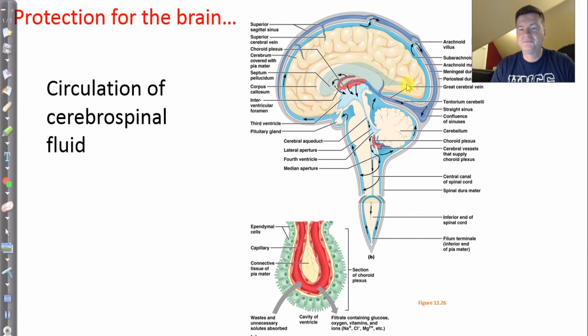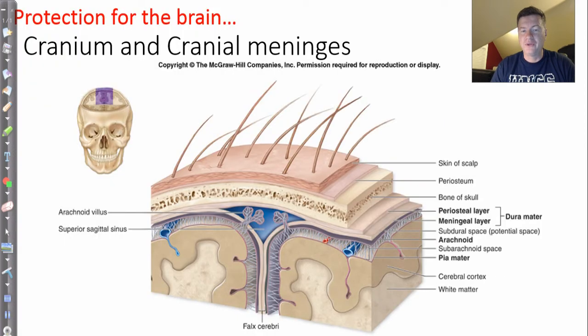So you see here the production of it, and if you kind of follow the arrows, you see the arrows showing it going down through the central canal. You see it going around the spinal cord, and eventually it's going to end up actually exiting the subarachnoid space. And we'll go back a second to this view.